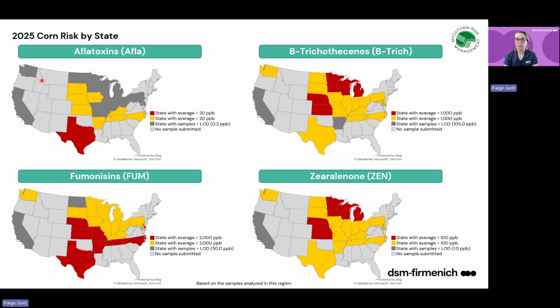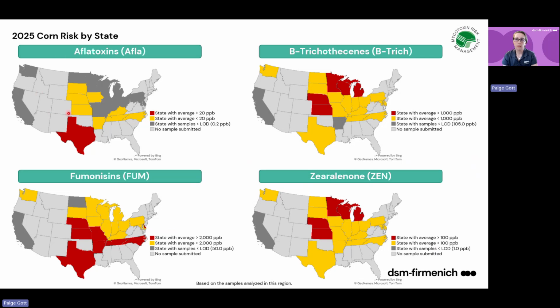All the maps will follow the same color scheme in that light gray shaded states we didn't have any samples from. Dark gray shaded states we had samples from, but all of the samples were below the limit of detection for the respective mycotoxin. Our first map here in the upper left-hand corner represents aflatoxins.